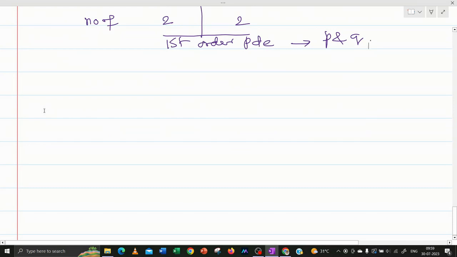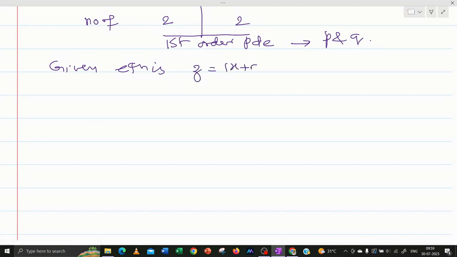So how can we write the solution for this? What is the given equation here? Given equation is z equal to (x plus a) whole square plus (y minus b) whole square. Take this as equation number 1.